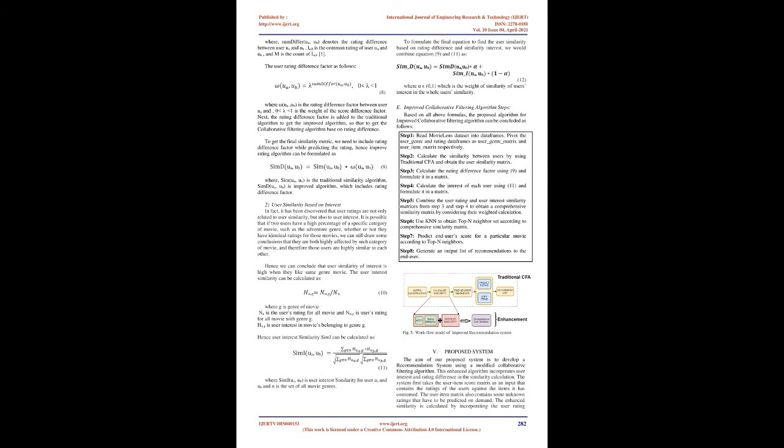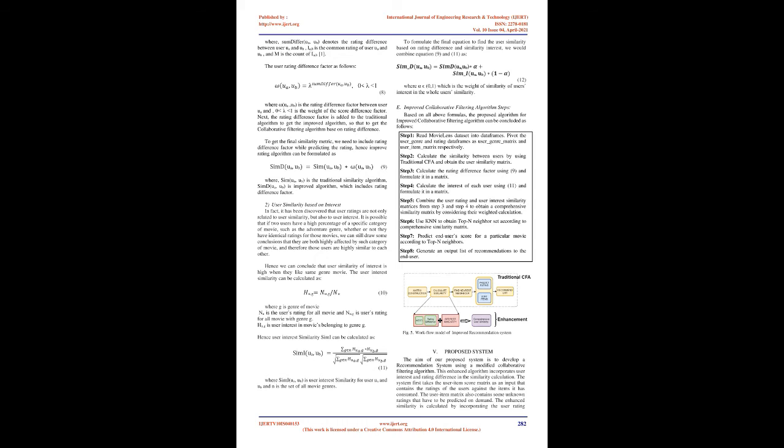Where Sum differ, UA/UB, denotes the rating difference between users UA and UB, IAB is the common rating of users UA and UB, and M is the count of IAB. The user rating difference factor is as follows, equation 8, where the factor is the rating difference factor between users UA and UB, and the weight is the weight of the score difference factor.